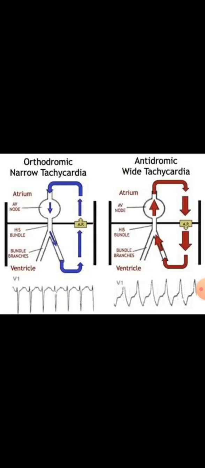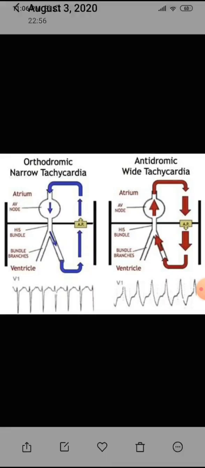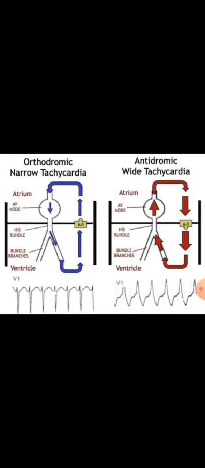Similarly, if we look at the antidromic AVRT as shown in red color on the right side of the figure, it has a wide complex that is opposite to that of the orthodromic, and the accessory pathway serves as the antegrade limb and the AV node as the retrograde limb of the circuit.